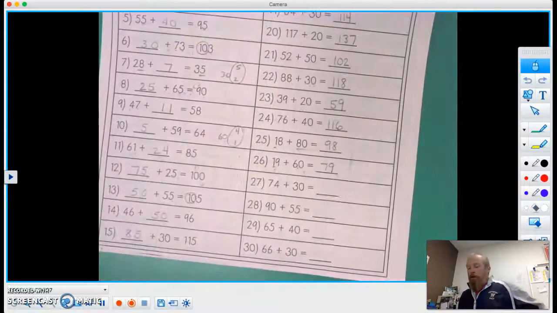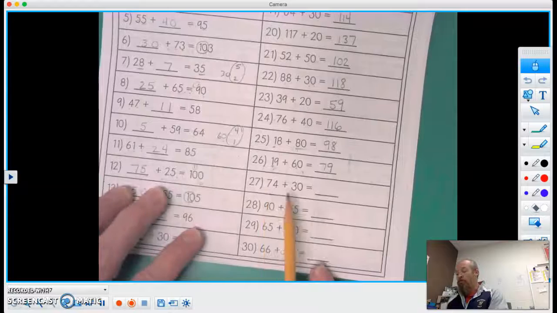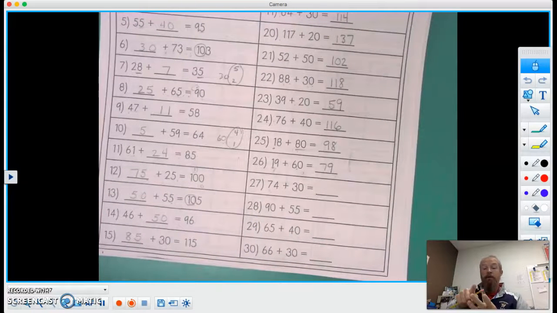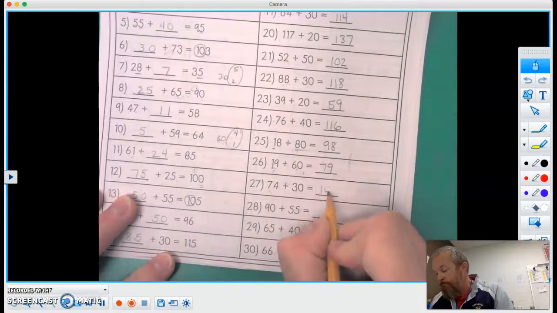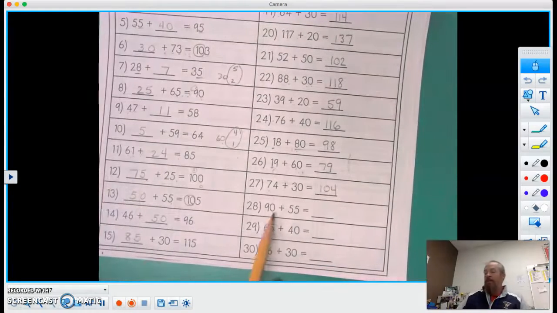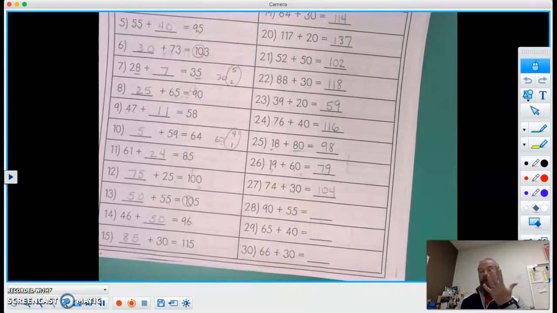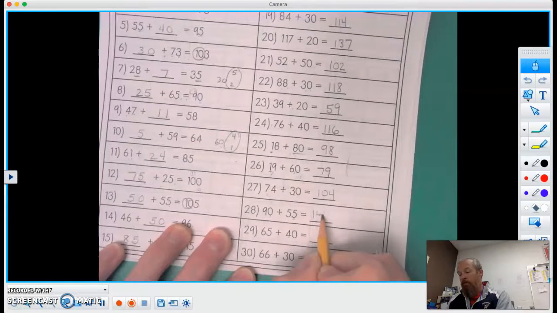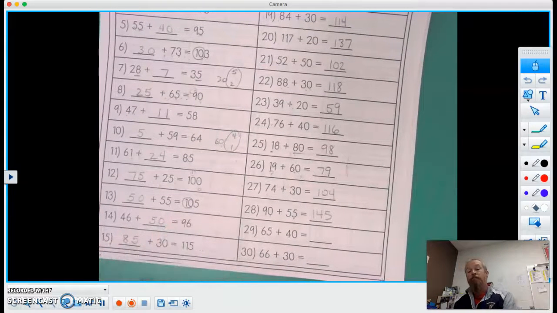Okay. Ooh, only 4 more. 74 plus 30. This time I'm going to start in the 74. 84, 94, 104. 90 plus 55. So 90, I have 100, 110, 120, 130, 140, plus 5, 145.